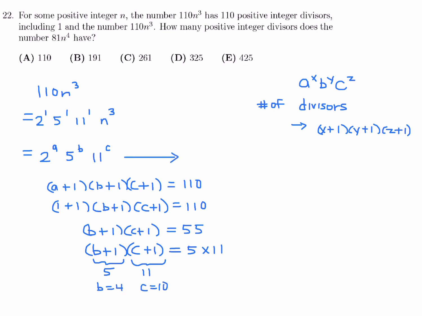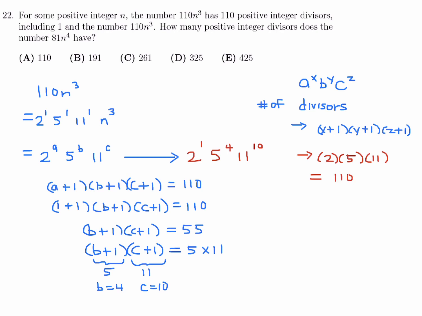Okay, so let's go back here and plug those in and see what we get. 2 to the power of a, I had selected a to be 1, if you recall. 5 to the power of b, I've got b as 4. 11 to the power of c is 10. All right, and that would make this work. The number of divisors would be 2 times 5 times 11, and that is indeed 110.